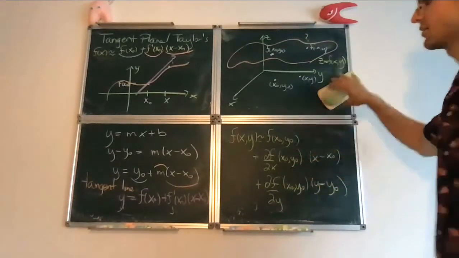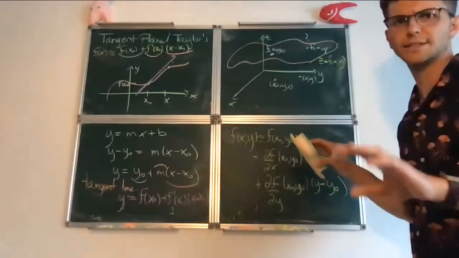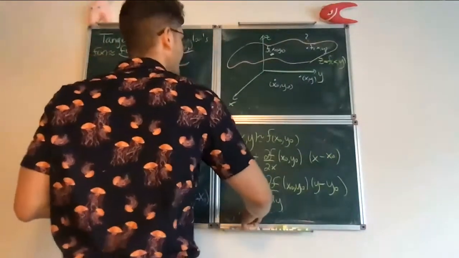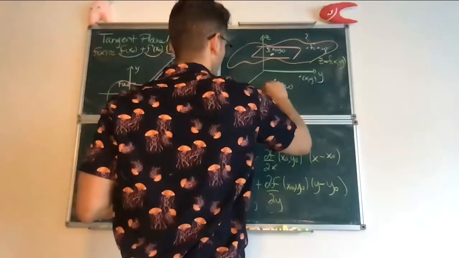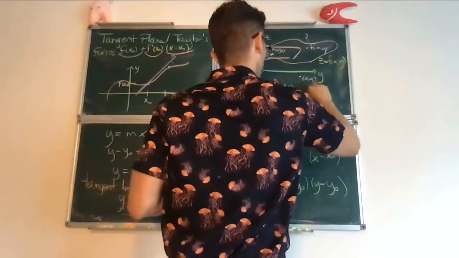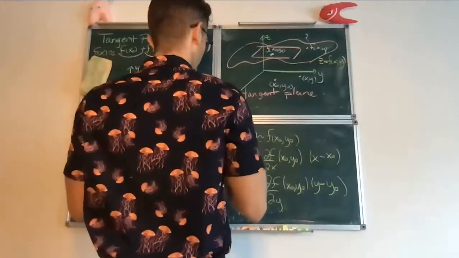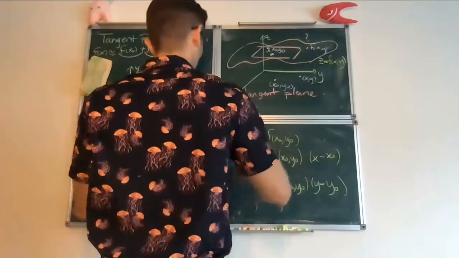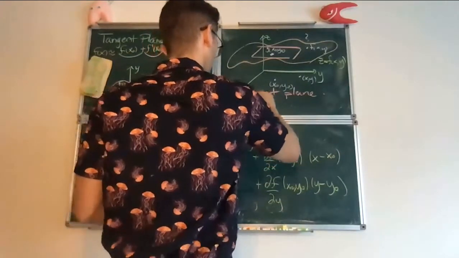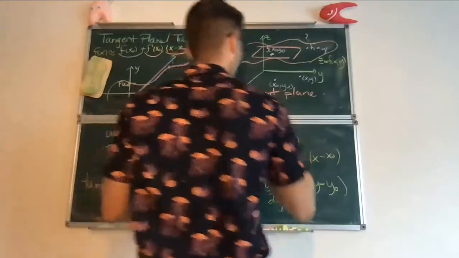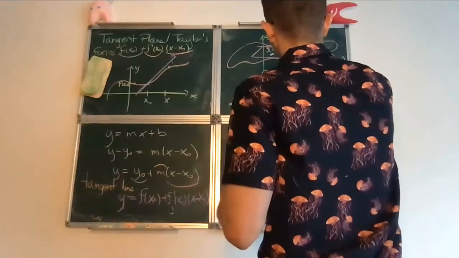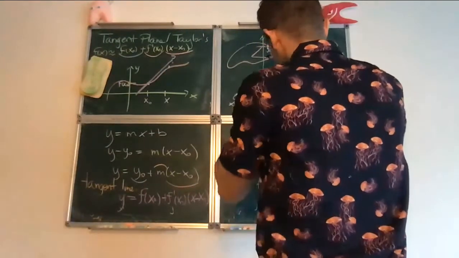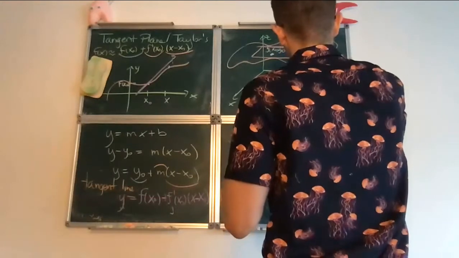Okay, so that means that the equation for the tangent plane, and in the next video I'll do an example about a linear approximation, but the equation for the tangent plane at this point is the value of the function at the point plus the partial derivative of f with respect to x at that point times x minus x naught.